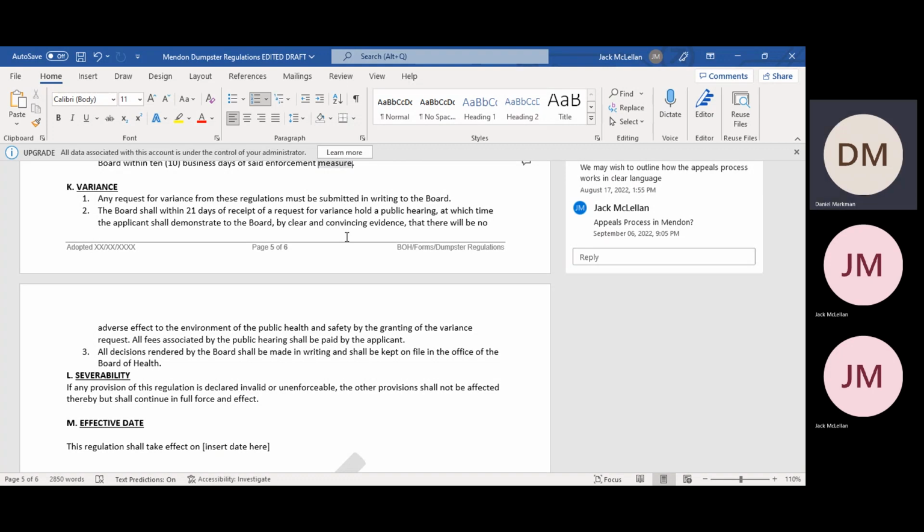So a variance would be somebody asking to be exempt from, say, not having to put their dumpster so that it obstructs traffic, or getting a gigantic dumpster that takes up their entire yard, or not picking up after themselves. They're asking for an exemption. Yeah. Okay, so that would be a huge exemption.